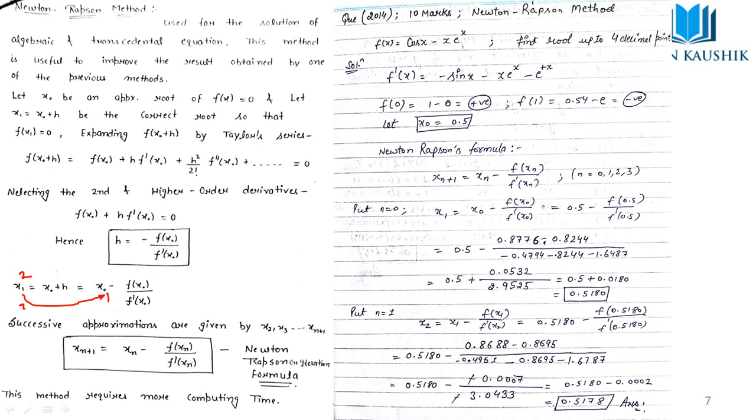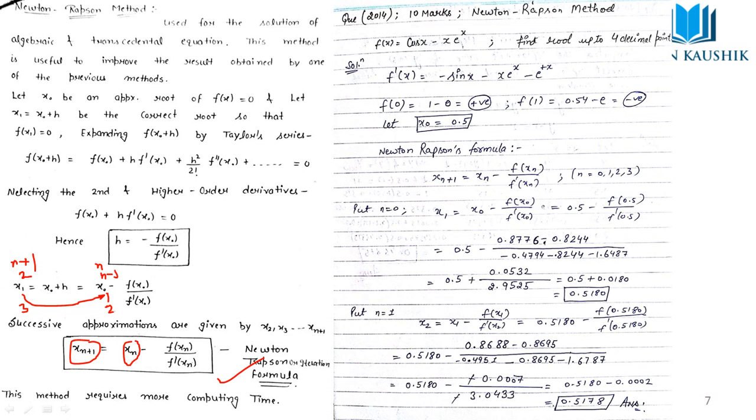If here it is 3, then here you will get 2. If here it is n, then here you will get n minus 1. And if here it is n plus 1, then here you will get n. So x of n plus 1 equals x of n minus f of xn divided by f dash xn. This is the Newton-Raphson formula or iteration.